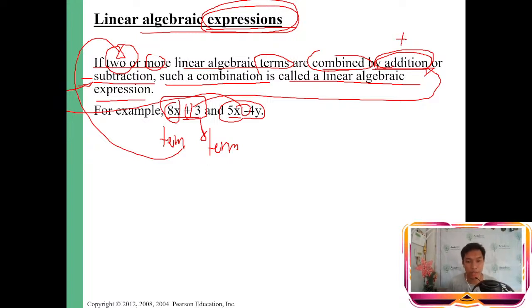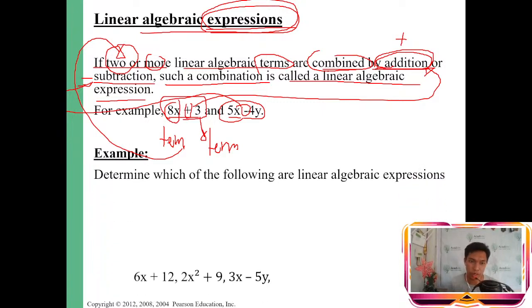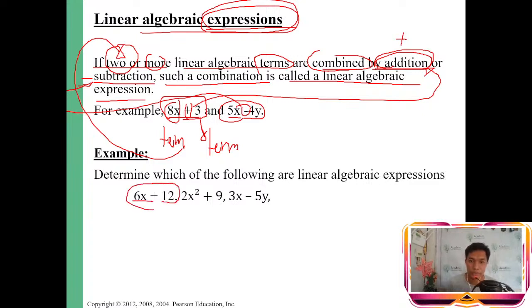Now let's proceed on this one. How do we identify or distinguish what is an expression? Example number 1 is here. 6x plus 12 is an expression because we have x to the power of 1 combined with plus.